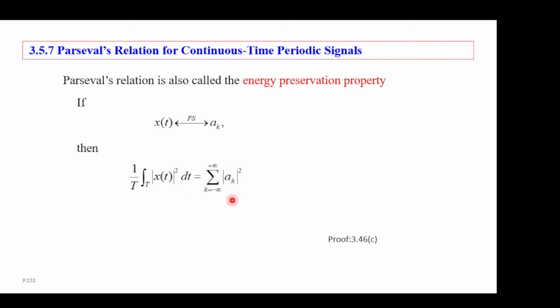We think about a_k as a discrete time signal. Then its energy over every k is the absolute value of a_k squared, summed over every k. So the energy in the time domain will equal the energy in the k domain. That's interesting.